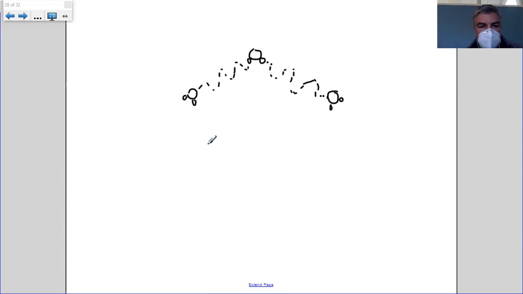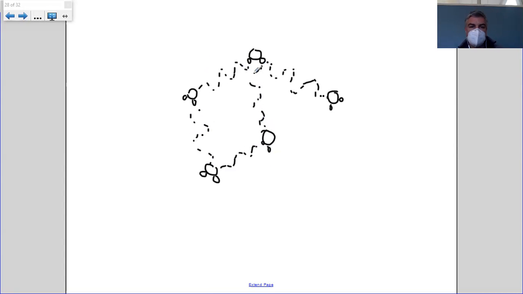And then if I draw another water molecule over here, this is going to be the oxygen side, hydrogen side. That's what it looks like, sort of. You don't actually see the hydrogen bonds. This is a model of what hydrogen bonds would look like. It's just this attraction between oxygen and hydrogen.